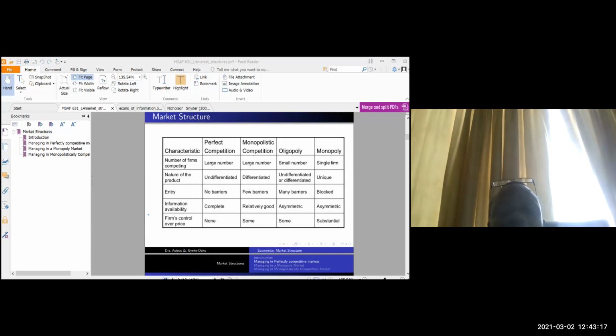The last characteristic here is the firm's control over price. In a monopoly market, the firm makes the price. Okay, substantial control over price. In a perfect competitive market, no single firm has market power or control over price.